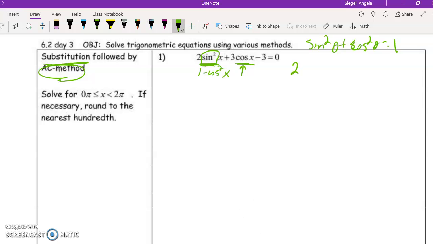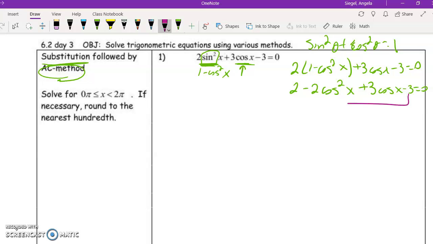So I'm going to say it's going to look like that. So I'm just going to do a bunch of algebra right now. So 2 minus 2 cosine squared x. And so let me just combine the like terms. I'll come over here. So I have negative 2 cosine squared x plus 3 cosine of x, let's see, minus 1 equals 0.